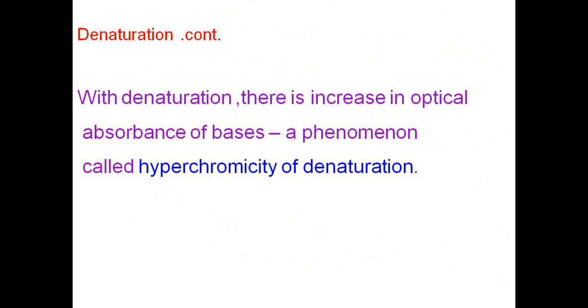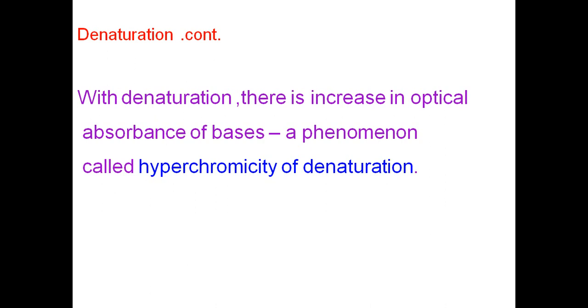With the denaturation, there is an increase in optical absorbance of bases, a phenomenon called hyperchromicity of denaturation. So when you denature, how will you understand whether this is denatured or not? For that we can go for absorption in a spectrophotometer.